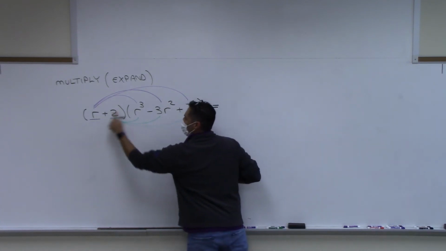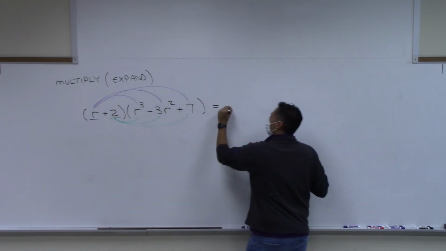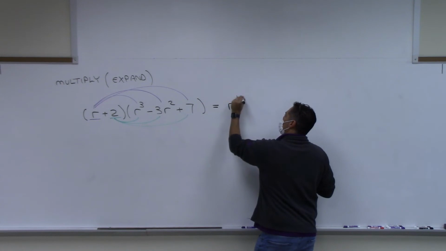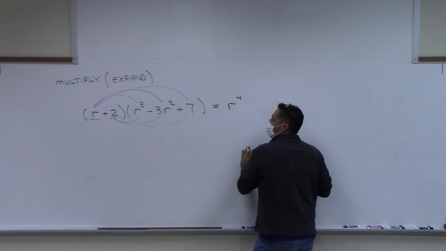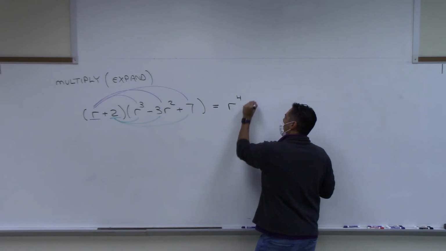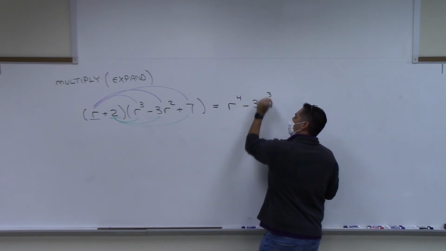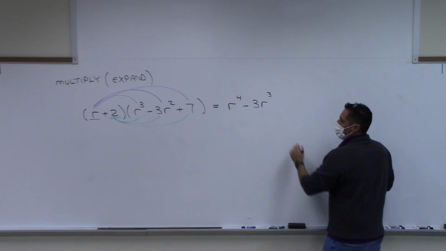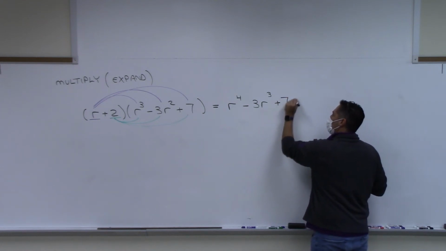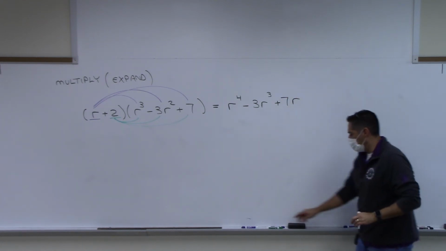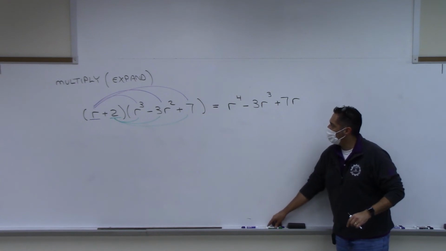So for the first part, R to the 4th. The negative 3R to the 3rd power, or cube, and then 7R. Good. All right. Next volunteer to continue. Good work.